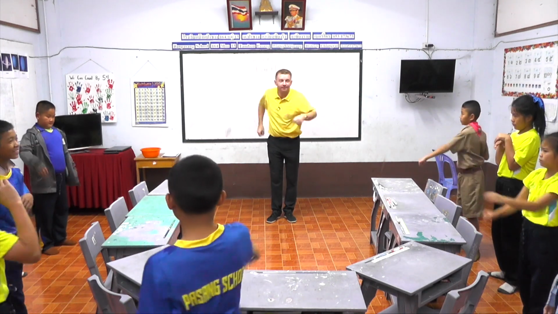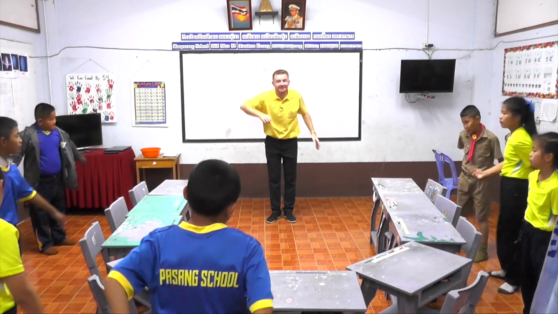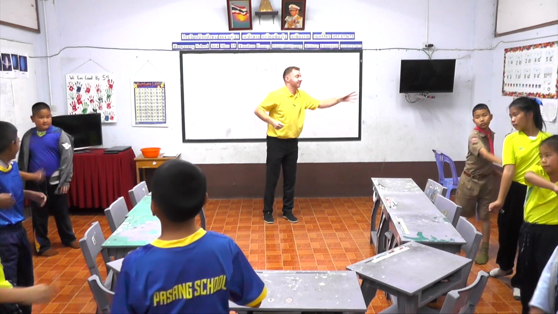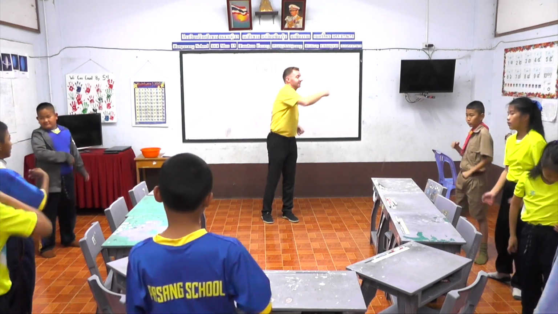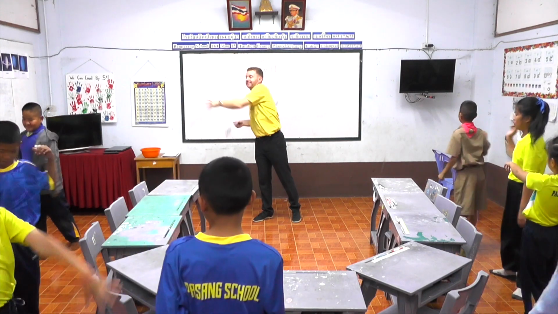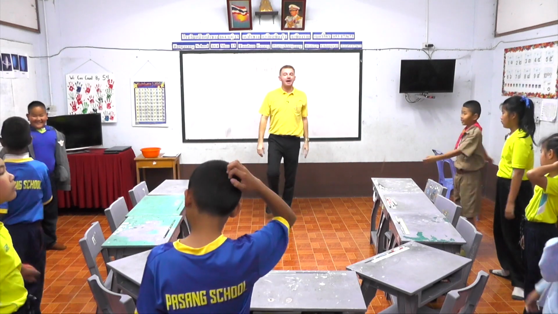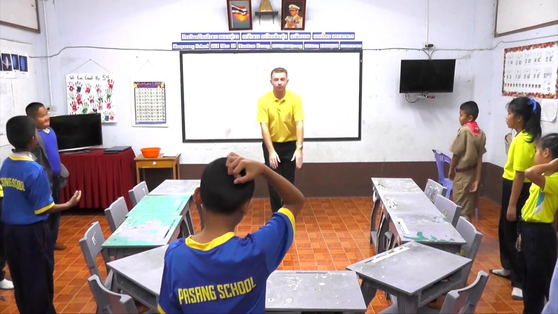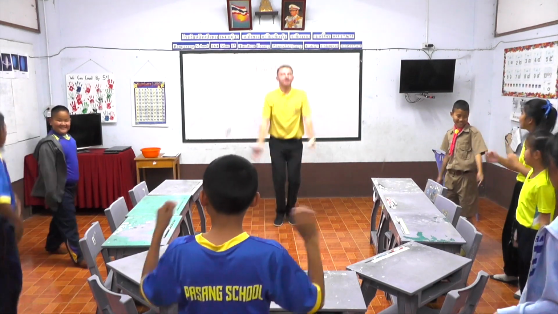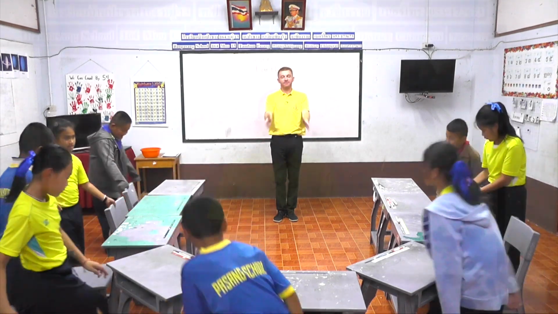Stretch it back. Stretch it left. And stretch it right. And to finish, guys, we will do 5 star jumps. 1, 2, 3, 4, 5. Excellent, guys. Have a seat.